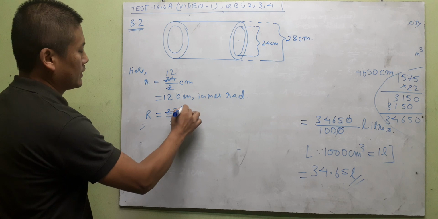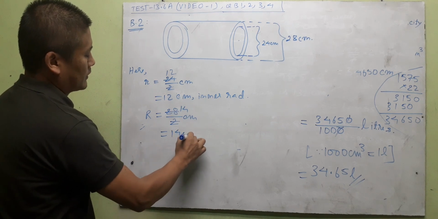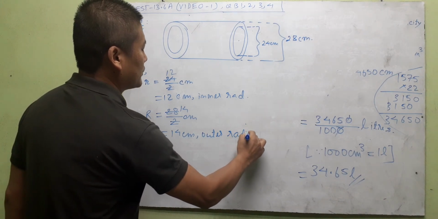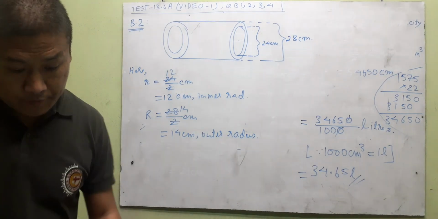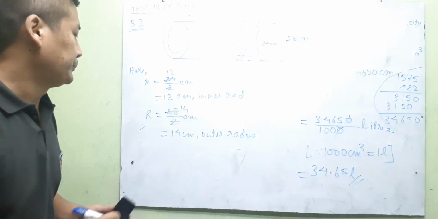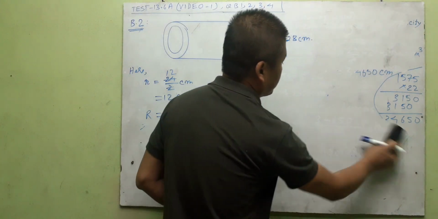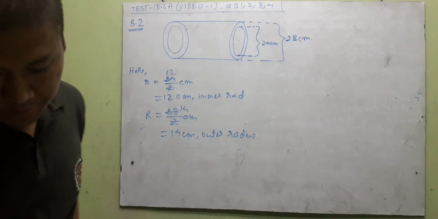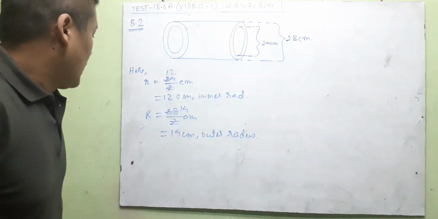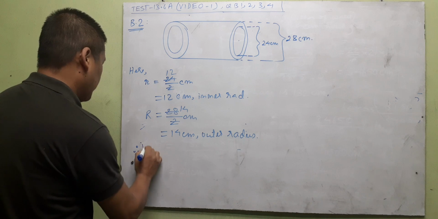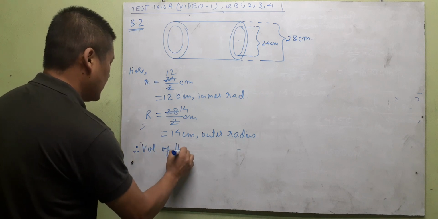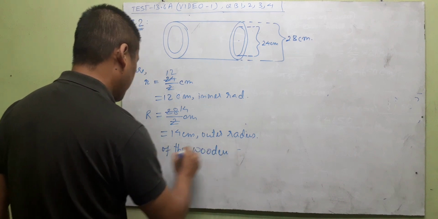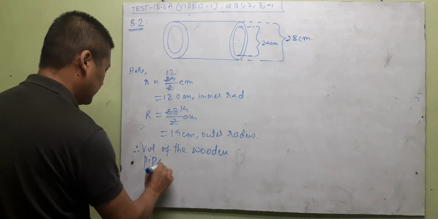So on cancellation, 14. So 14 centimeter is the outer radius of this wooden pipe. Now we have to find the volume of the pipe material. So you write here, therefore volume of the wooden pipe material.